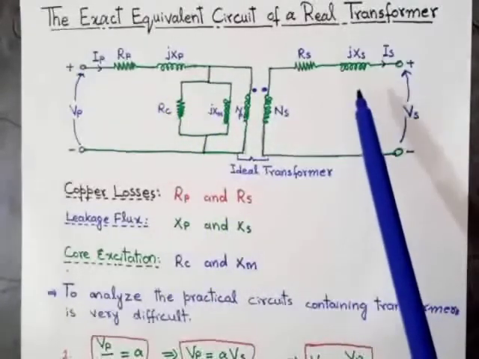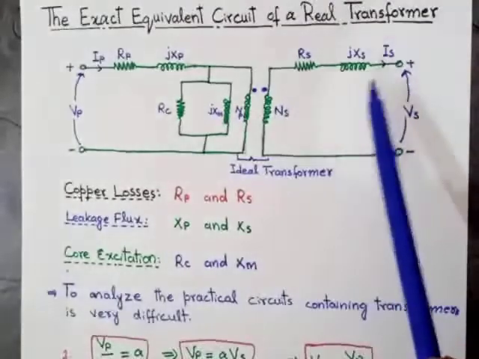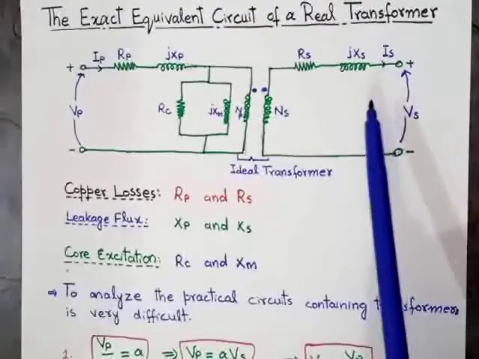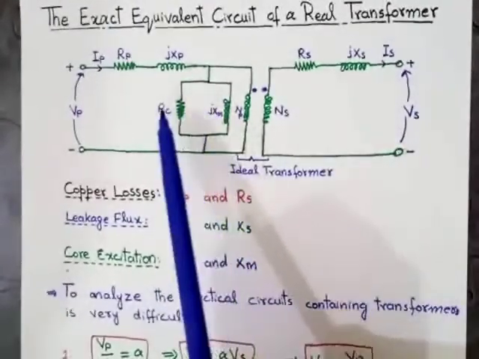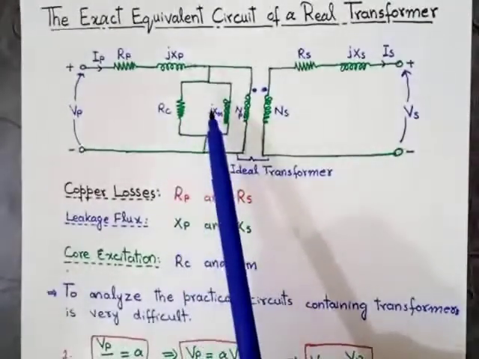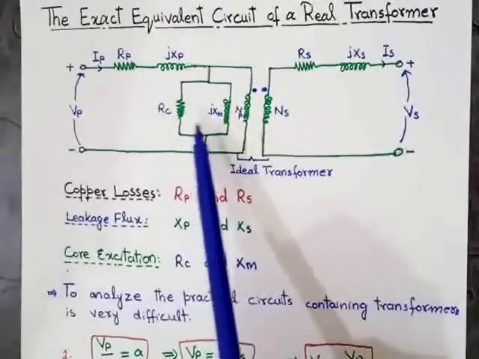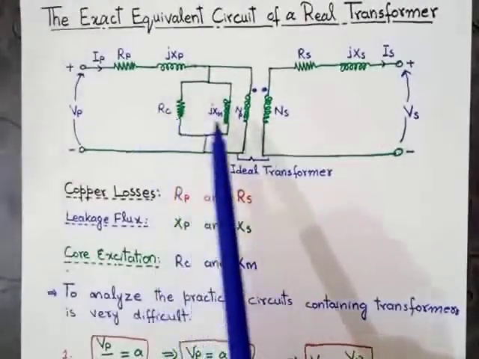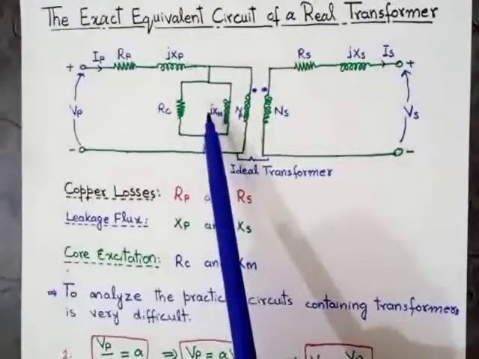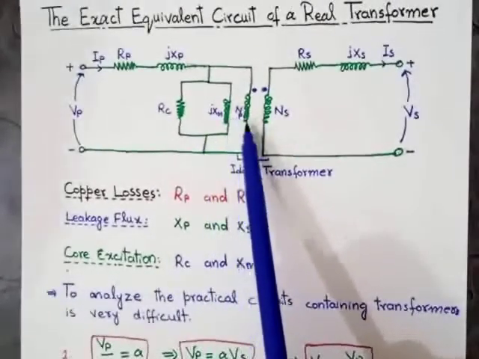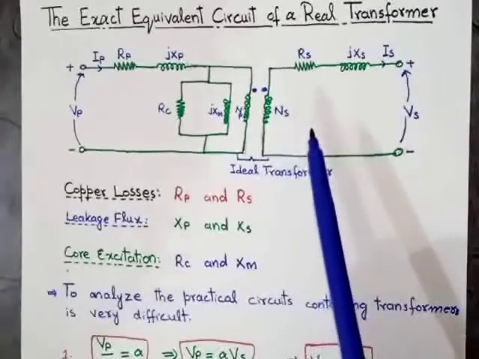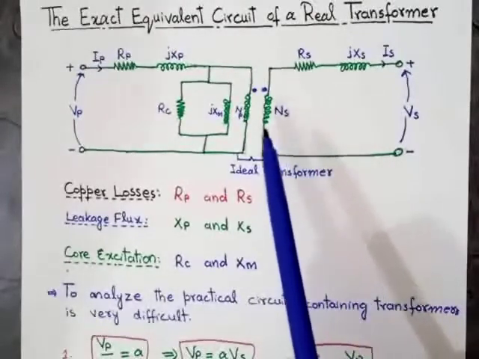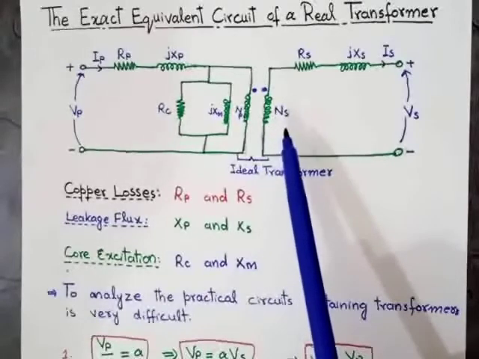When the leakage flux is minimum, then the values of the reactances XP and XS will be minimum. So these are the parameters due to the excitation branch, that is, due to the core loss current and magnetization current. This is the primary number of turns and this is the secondary number of turns. So this is the exact equivalent circuit of the real transformer.